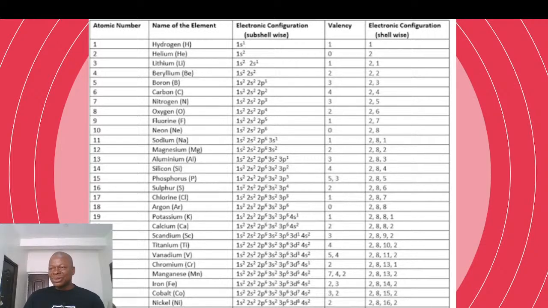Then you go to the next one, chlorine. I hope you are following. I don't want to rush things so that you can follow what we are doing. Chlorine has the symbol Cl.